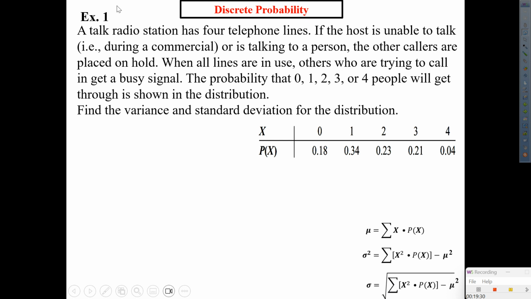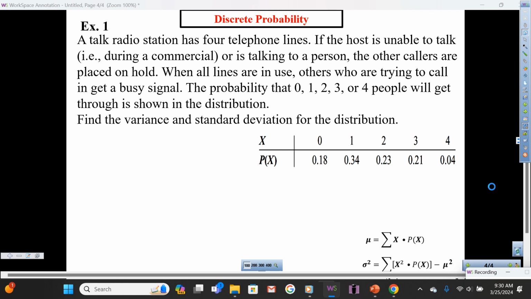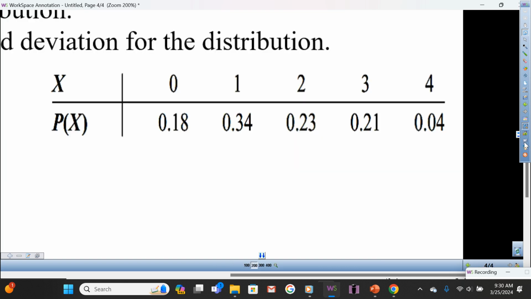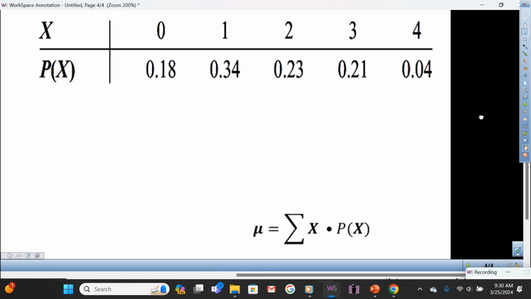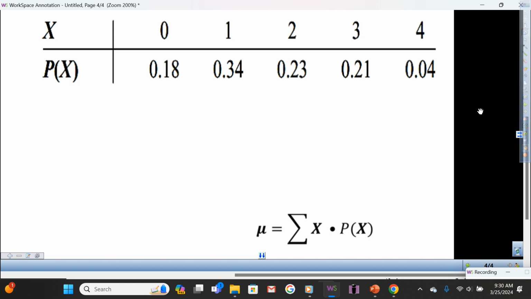So for this one, example 1, copy the table only. Let me zoom in. There it is. And then I'll give you a head start so you can find the mean, variance, and standard deviation using the same process.